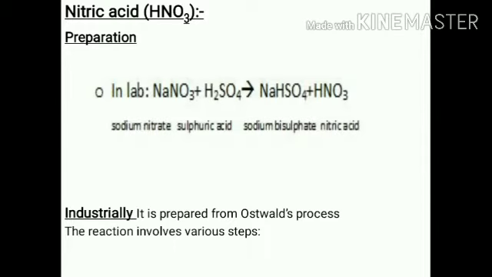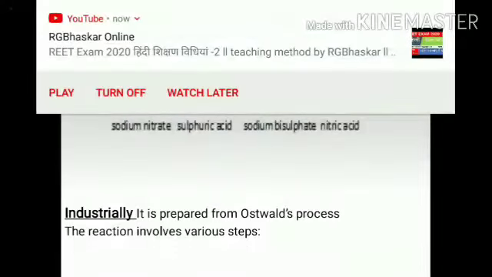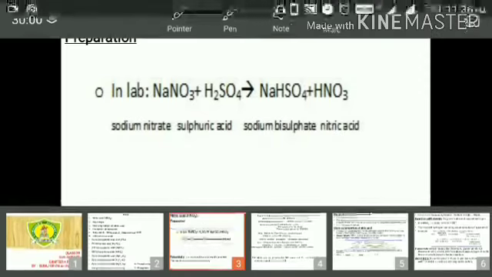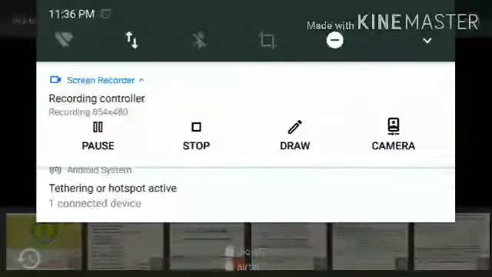The simple method is the reaction of sodium nitrate with H2SO4.